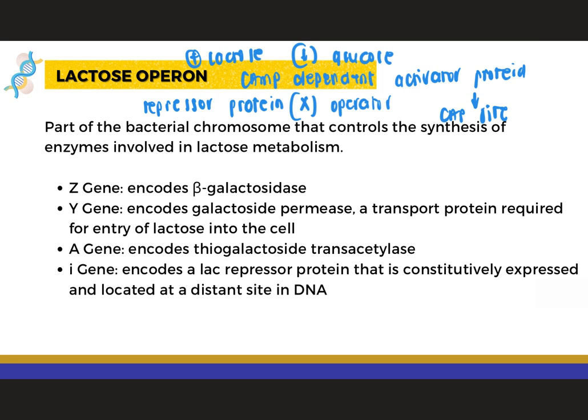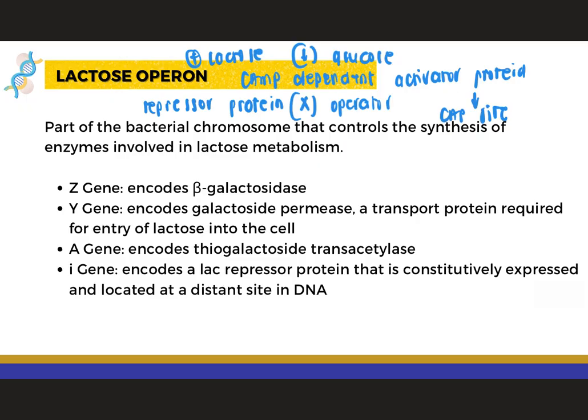So, how does it get switched on if there is no glucose? cAMP will increase and will bind to your CAP activator protein. This creates a kink in your DNA which will promote transcription. The inhibitor blocking the operator, if there is still no lactose, the lac operon is still off.